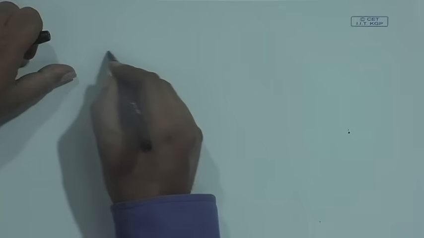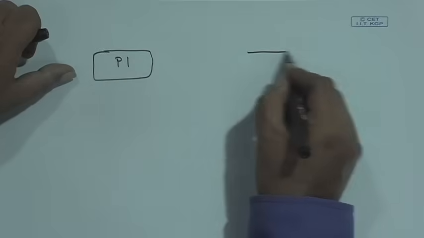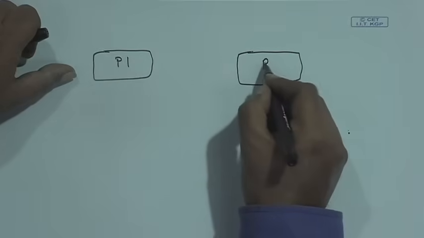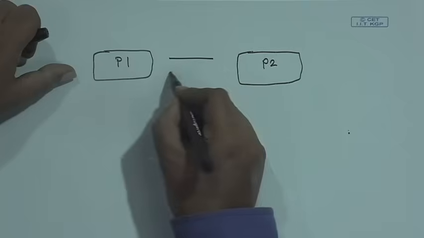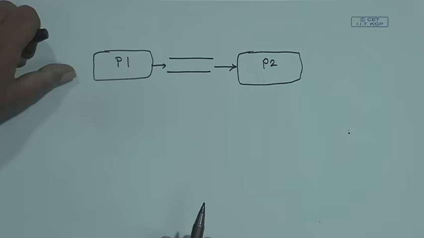That has got the advantage that no data will be lost, because suppose there are two processes communicating through the same buffer, some queue or something. Say there is one process P1, another process P2, and there is a queue, and this one is sending in the queue and this one is receiving from the queue.